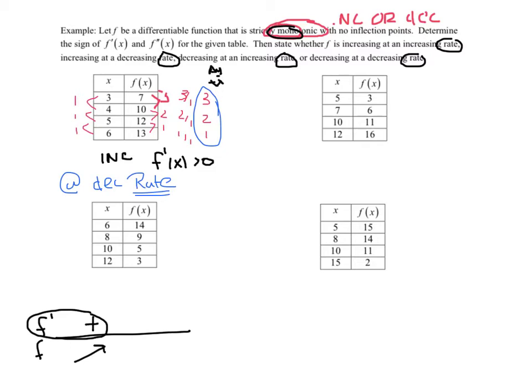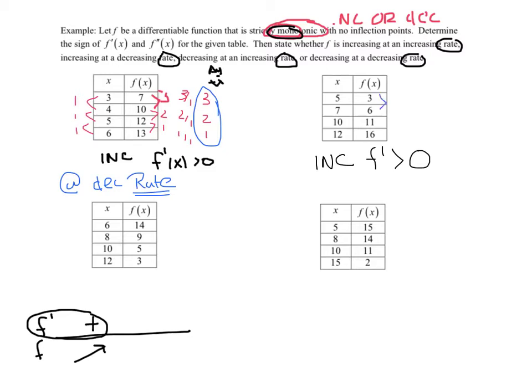Right off the bat, is your function increasing or decreasing? I automatically should know that my function is increasing. And when I talk about increasing, decreasing, maxes, and mins, those all talk about the first derivative. If my function's increasing, f prime is greater than 0. Now let's take care of our rates. What are our slopes doing?